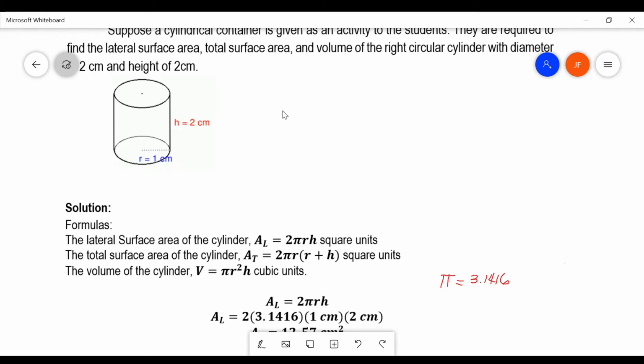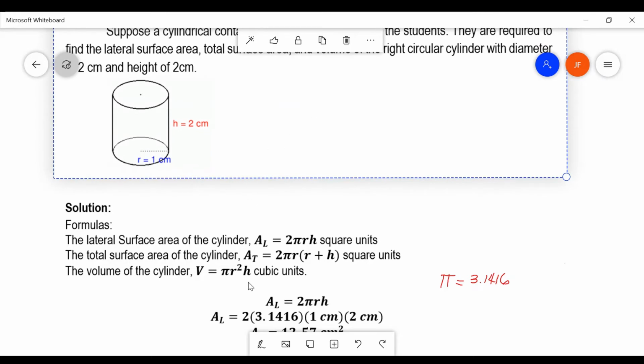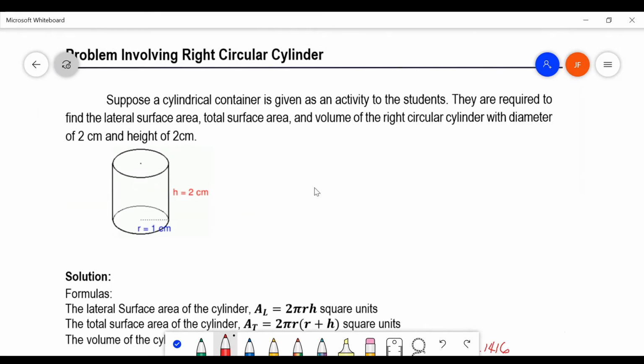So how are we going to relate diameter to radius? The diameter, or D, is equal to twice the radius, r.